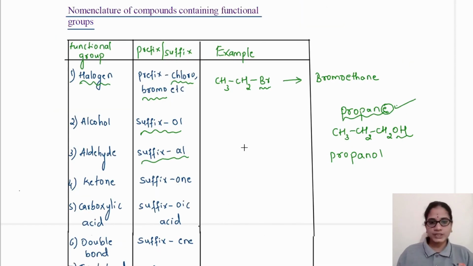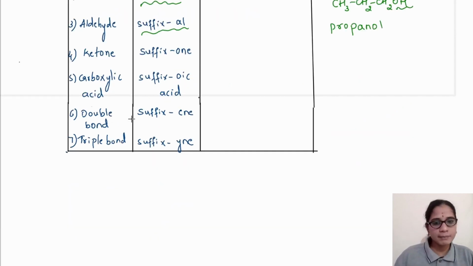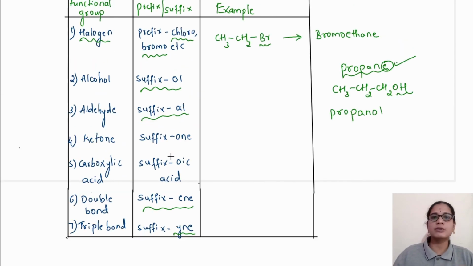Yes, you can see here, for a double bond we will use the suffix ene. For a triple bond we will use the suffix yne. Once we solve some examples, we will clearly come to know how these compounds are named. Okay, let us solve some of the compounds here.